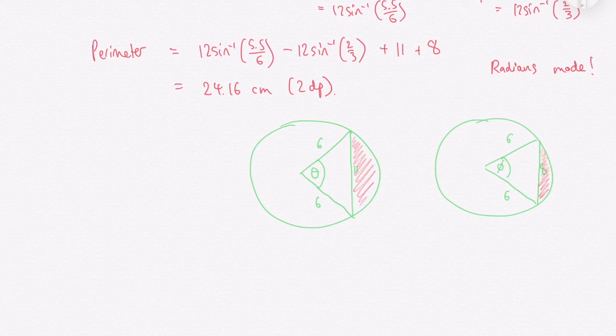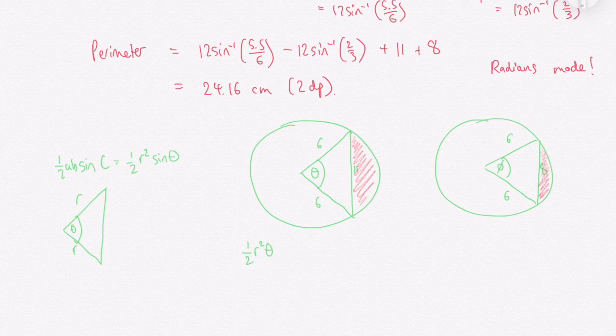We know how to find the area of a sector. The area of the sector is a half r squared theta. But then we want to subtract the area of the triangle. The area of the triangle we know is a half ab sine C, but in the case where we have the triangle with the two radii and an angle theta, this just becomes a half r squared sine theta.